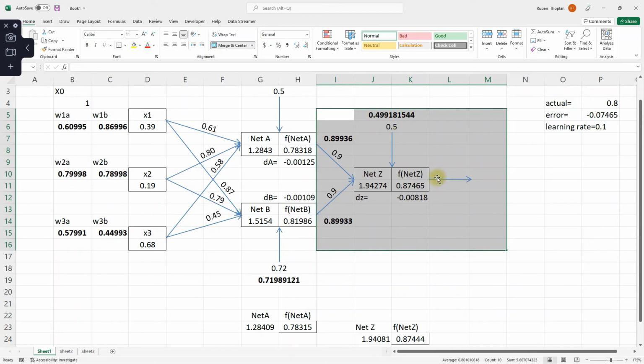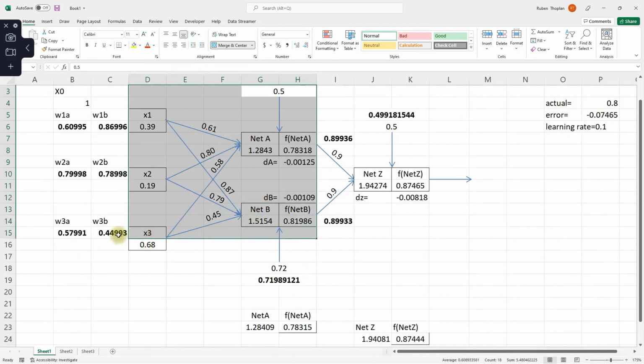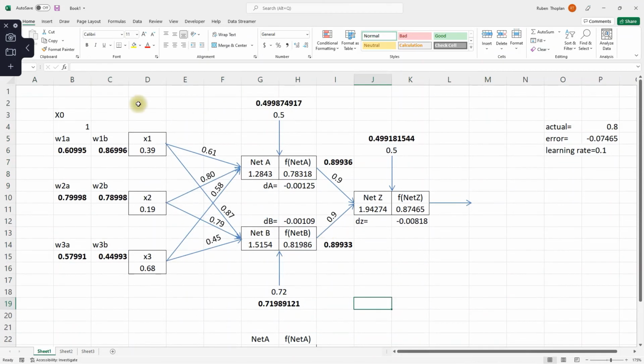Of course, the next step is to do what now? The next step is to update the weights that are connected to the hidden nodes. The weights that are connected to the hidden nodes are the 0.5, 0.72, and so on. So this is what we want to do next. We want to update those different weights connected to the hidden node. So how are we going to do that now?